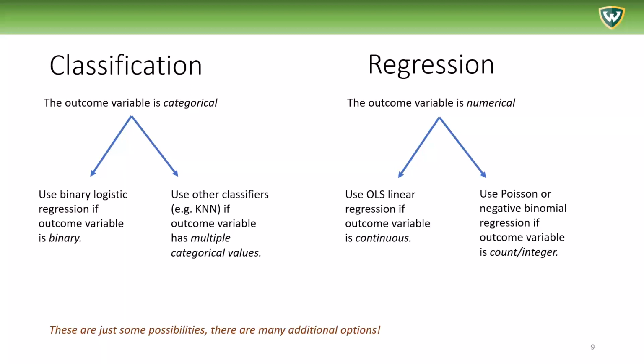There are many other additional models that can be used for both classification and regression. So I just want to remind us about this major difference. And next, we're going to be focused on logistic regression, which is a kind of classification model for a binary outcome variable.